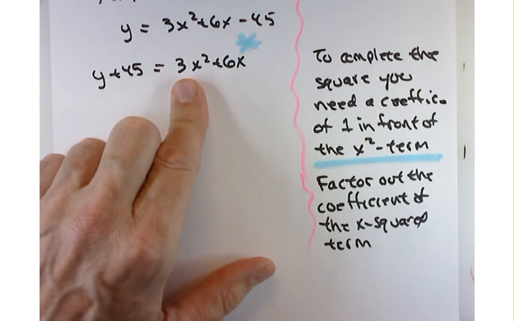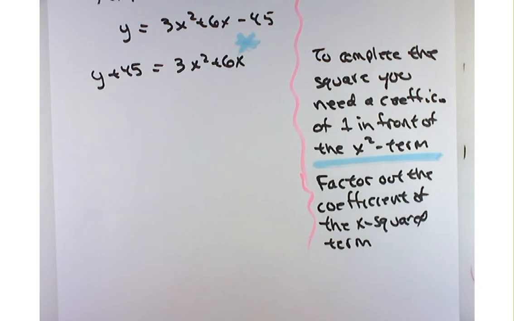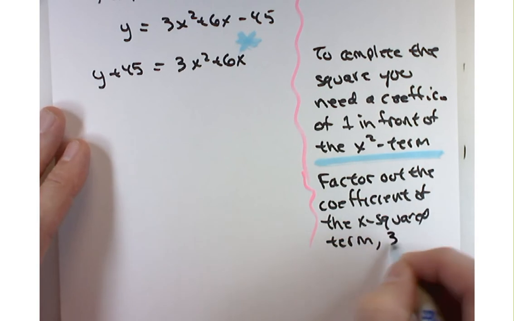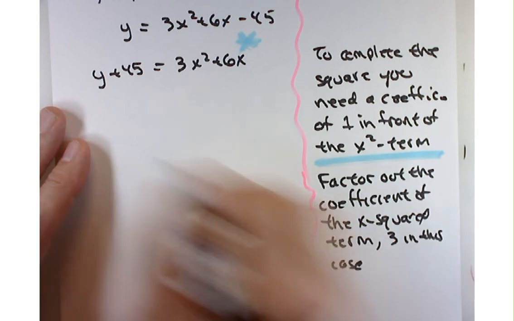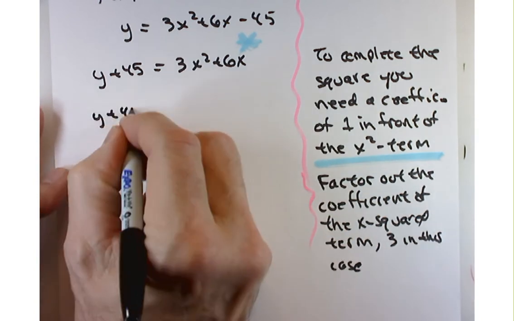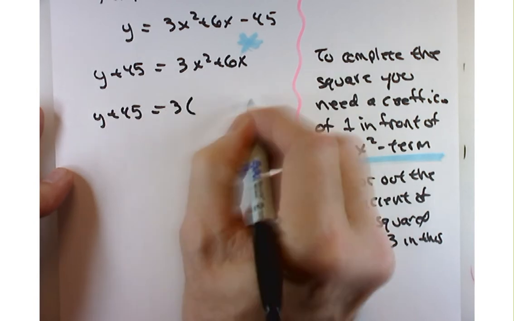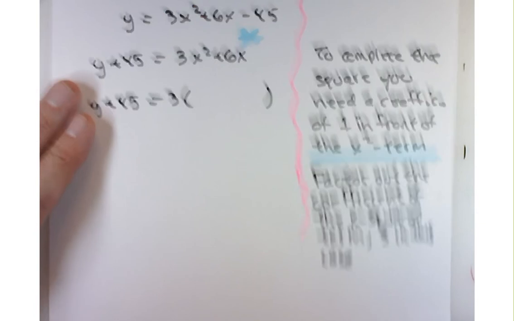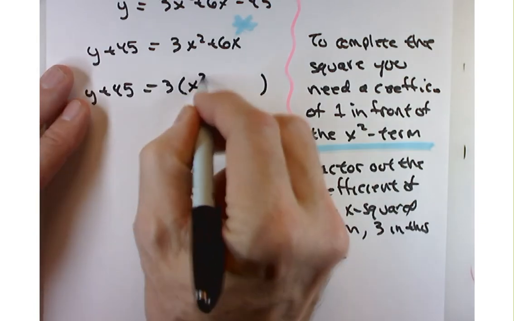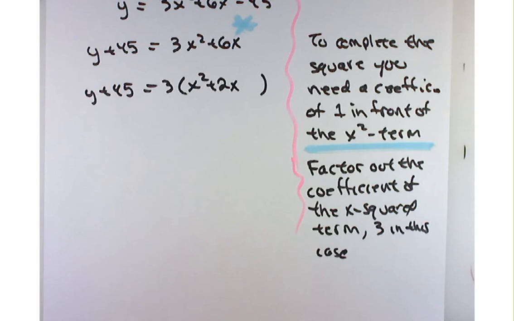That would be a 3 and an x. That's the wrong thing here. You just want to factor out the 3. So if I factor out the 3, what gets left behind? The x squared and plus 2x. x squared plus 2x. Great. That's all we wanted to do, just factor out that part.